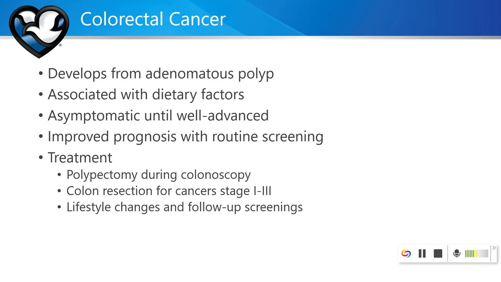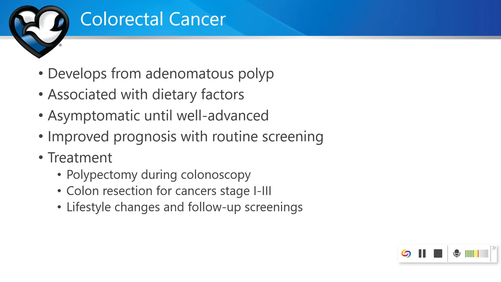Other risk factors include genetics, family history, advancing age, obesity, tobacco use, physical inactivity, inflammatory bowel disease, and history of abdominal irradiation. Colon cancer or colorectal cancer remains asymptomatic until it is well advanced, and manifestations are dependent on the location of the tumor.